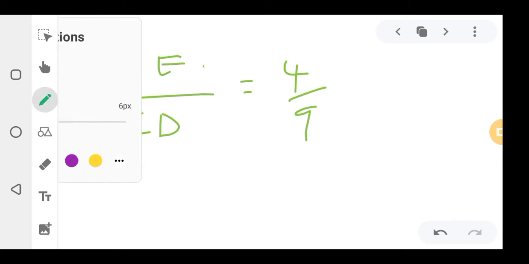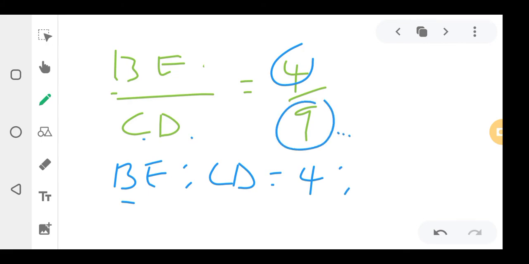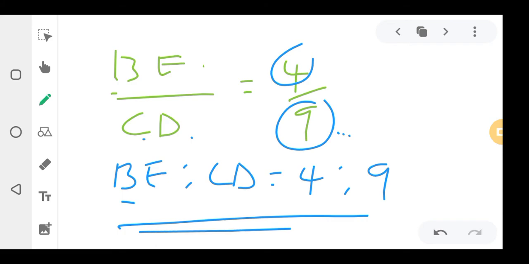Like they said BE to the ratio CD, it means BE is 4, so on BE I put 4 to the ratio. CD is 9, so I put 9. This is how you do it. That's the answer. That's how you do it, guys. It's as simple as that.